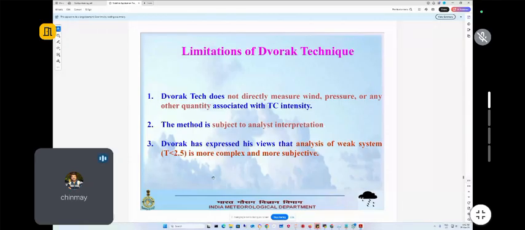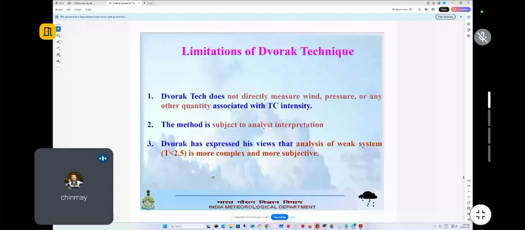When it is simply a depression or a low pressure area, at that time the intensity of the cyclone is asked for, because it is very low. The cloud features are not well organized. Once the cloud features get oriented, aligned or very well organized, I think the cyclone is more intense.